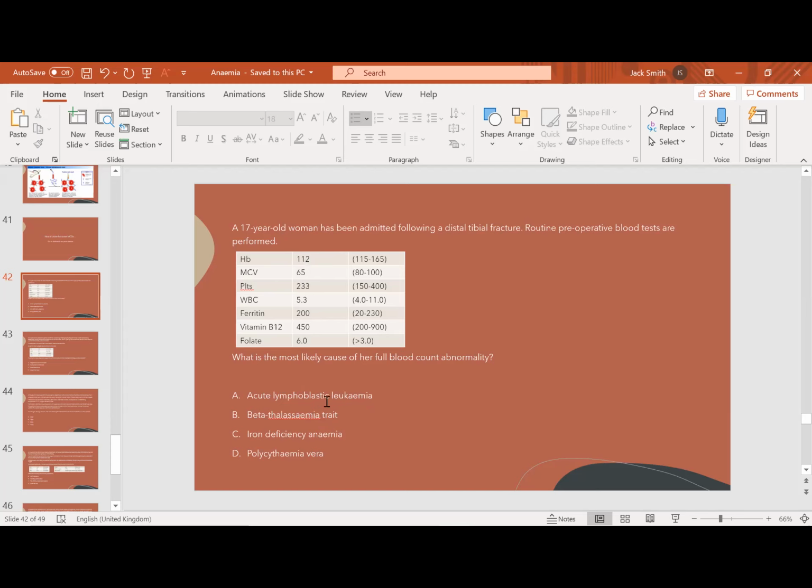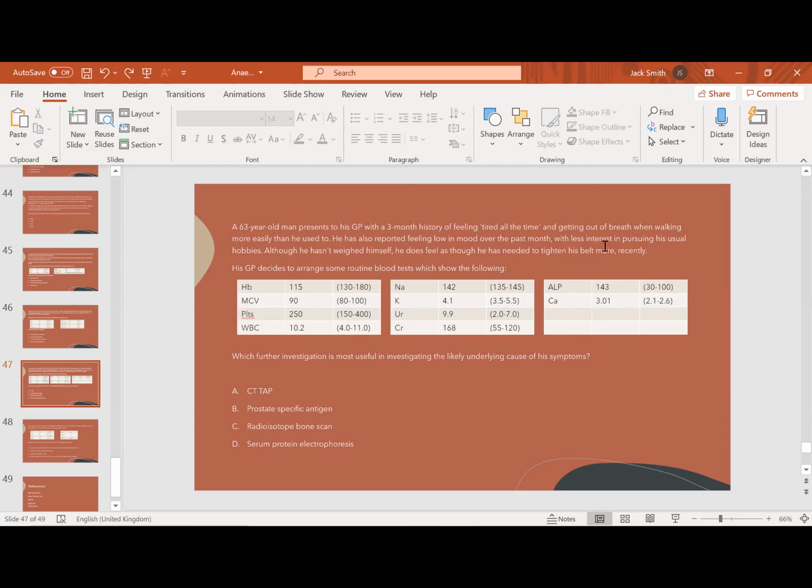So the reason that it's serum electrophoresis is because this man has got hypercalcemia, he's got renal impairment, he's got anemia, and although he doesn't have bone pain at the moment, he has been losing weight. So this guy has got a lot of the presenting symptoms of multiple myeloma.